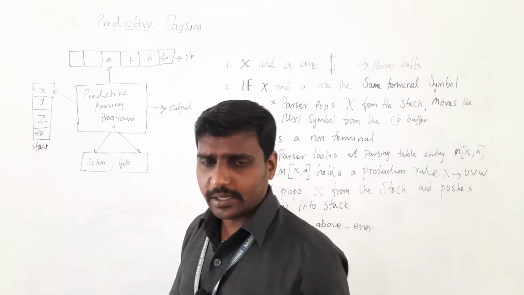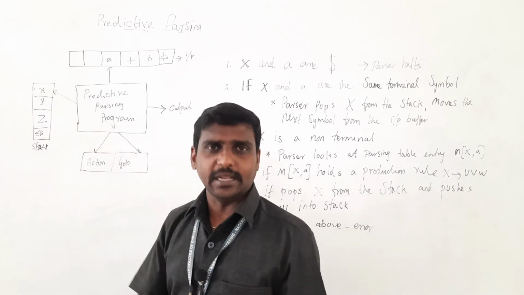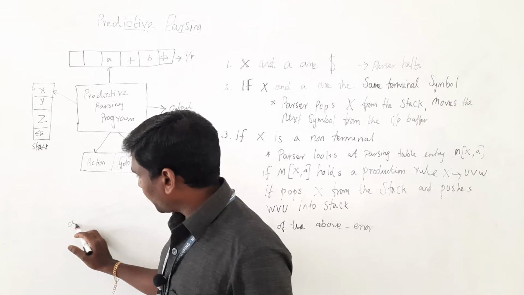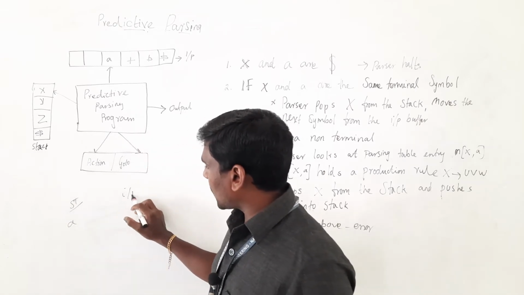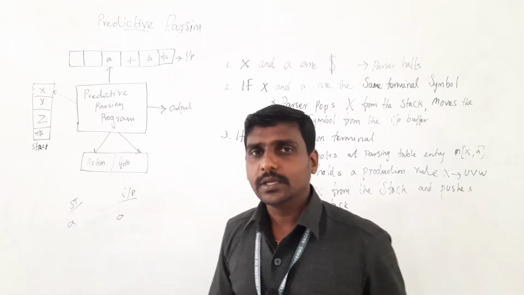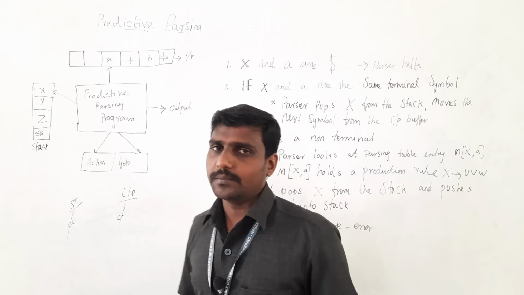And the second behavior: if the top of the stack is a terminal, for example a, and the input symbol is also the same terminal, then we can pop from the stack as well as the input symbol. Clear?